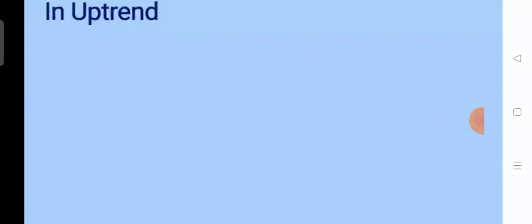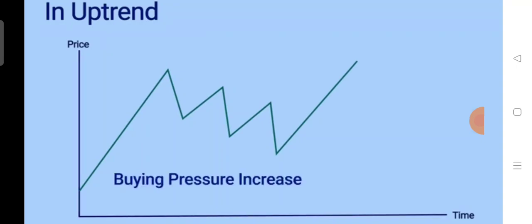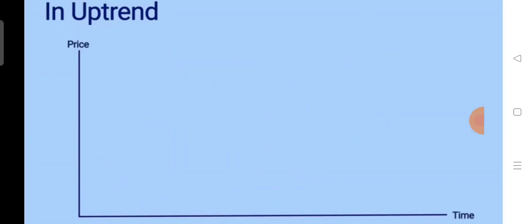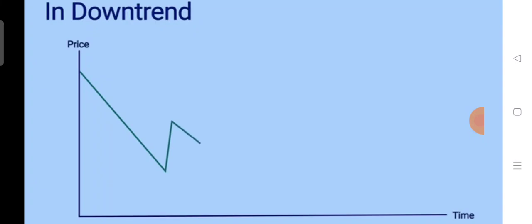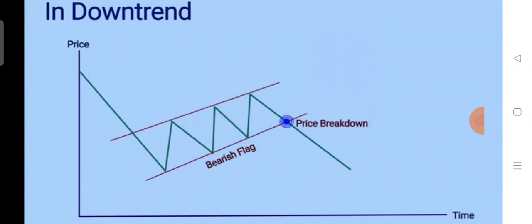So suppose we are talking about the uptrend, there was an up move, then there was buying and selling pressure, and due to that equilibrium, a certain kind of geometrical pattern is formed, and then after a certain point of time, if the buying pressure increases, the price breaks out and the up move journey resumes. Similarly for a down move, after a certain down move, there is a balance between buying and selling pressure, and when the selling pressure again goes above the buying pressure, the stock falls after the breakdown.